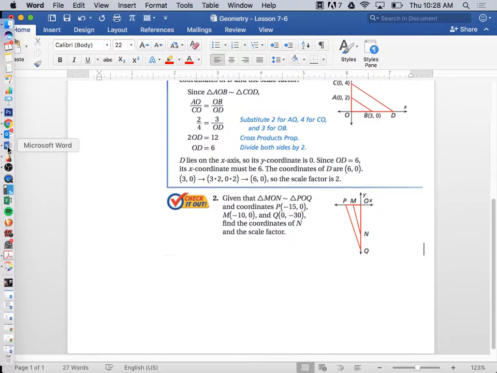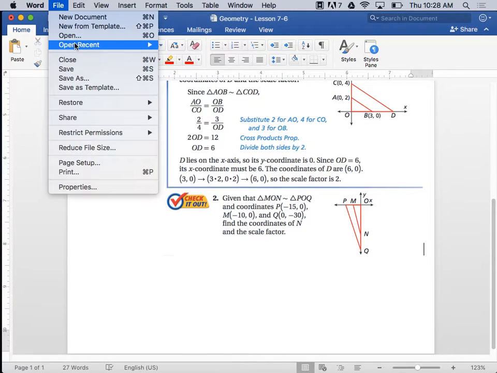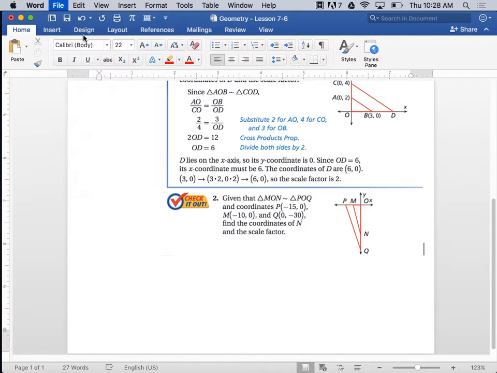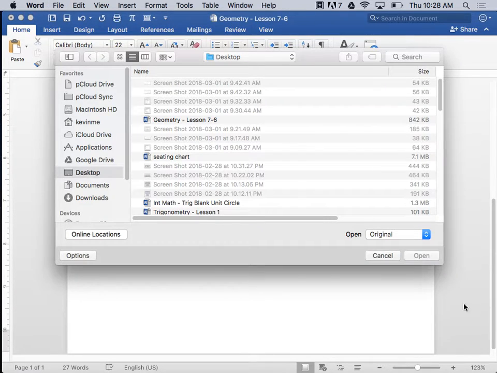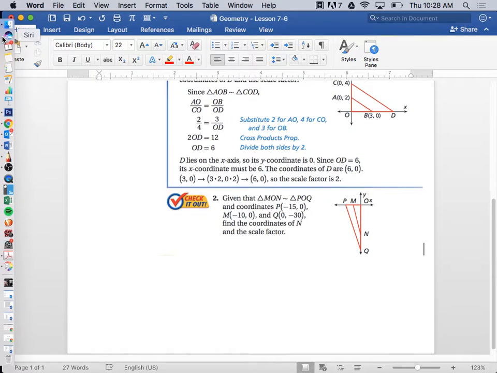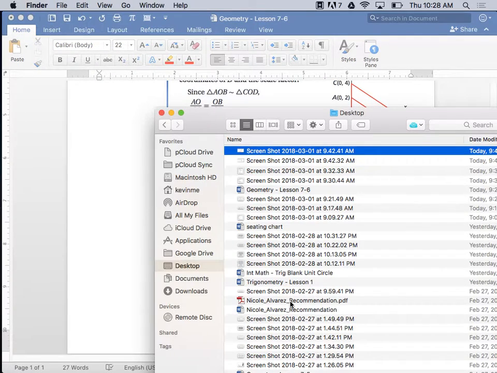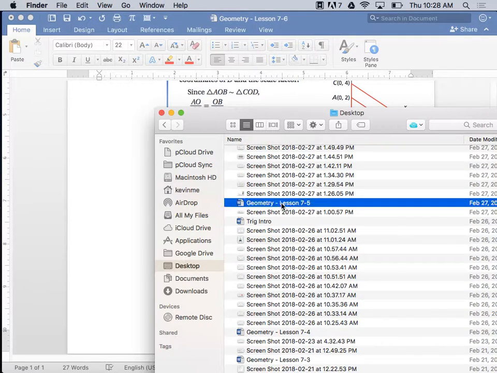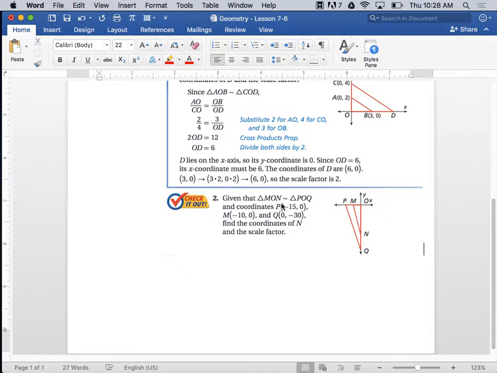All right, so let's everybody turn to the back page, lesson 7.5.